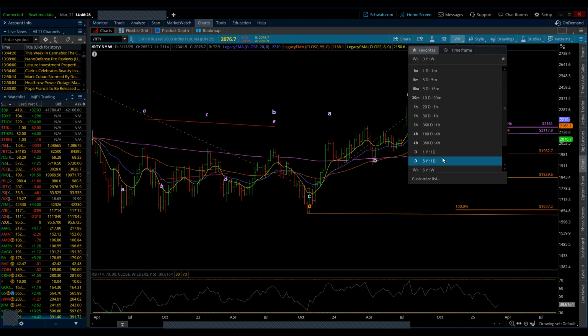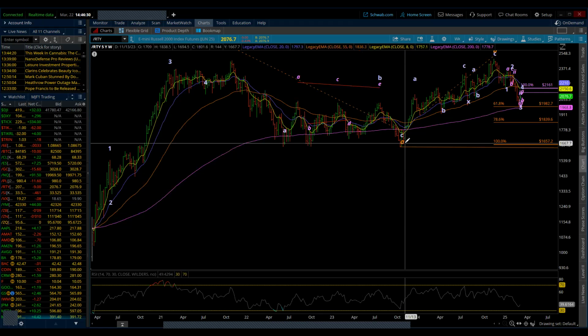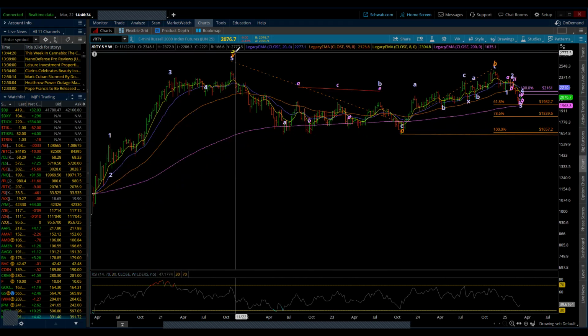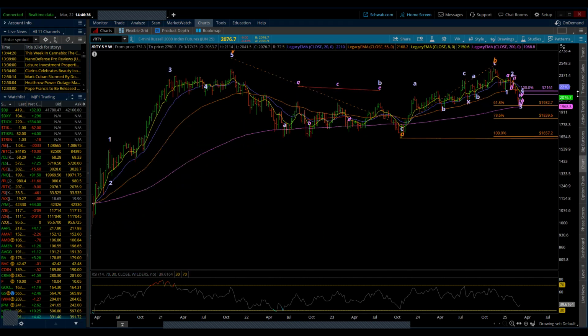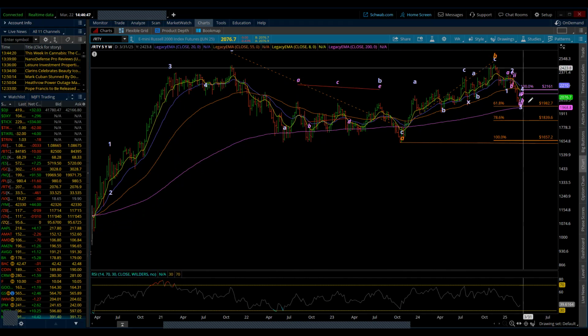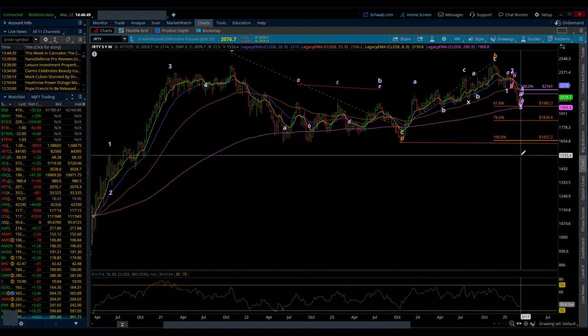So again, we've got to get down so we can complete that minor fourth wave and set the stage for the intermediate fourth wave. So similar to the NASDAQ and to the S&P, it needs to get down and finish an intermediate fifth wave.